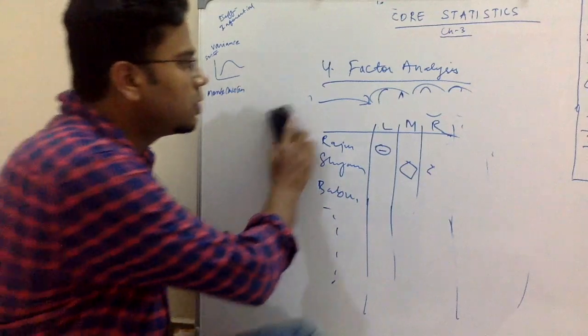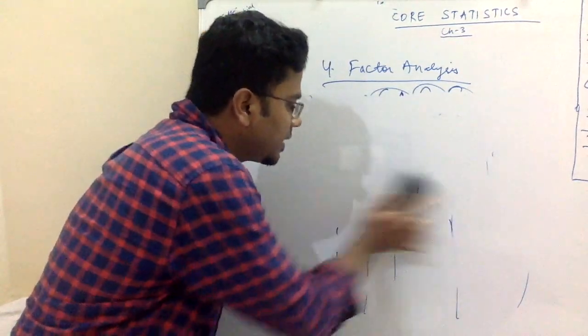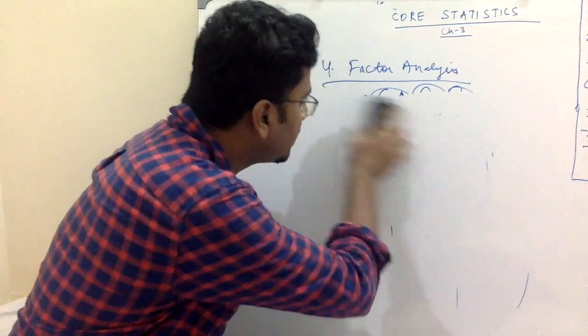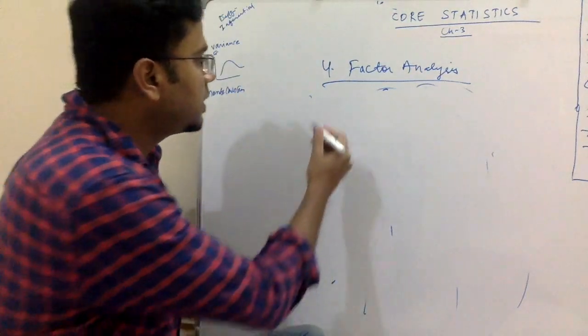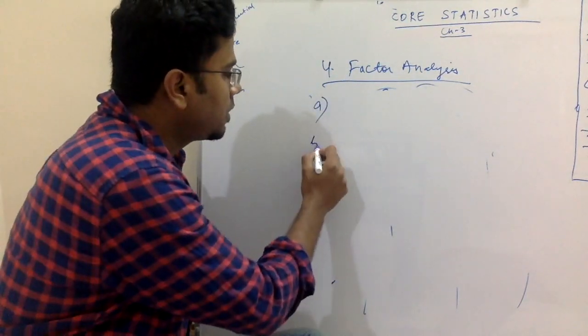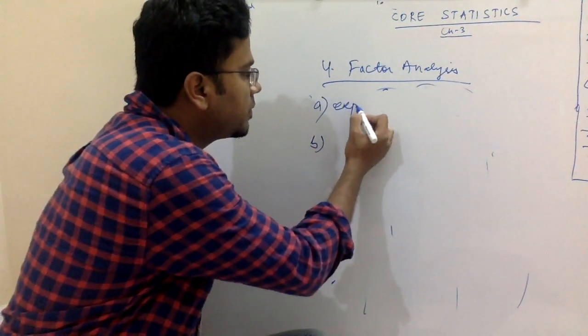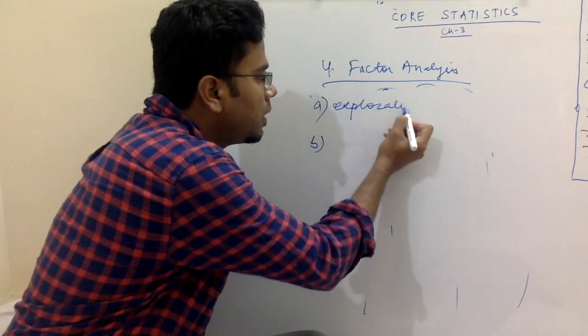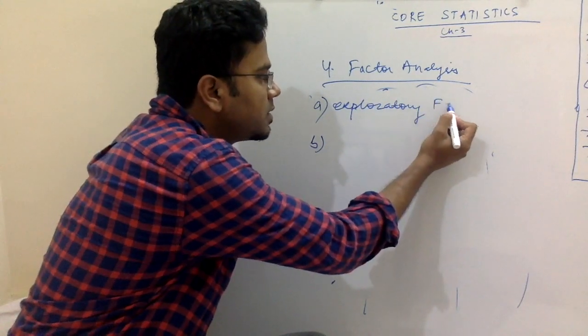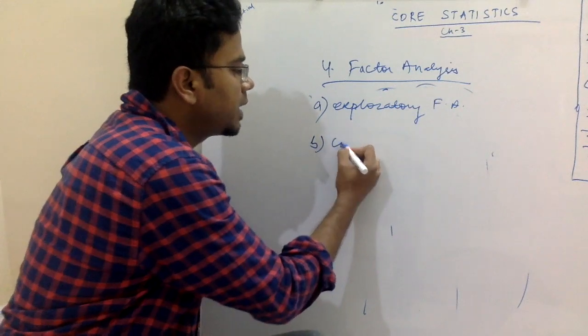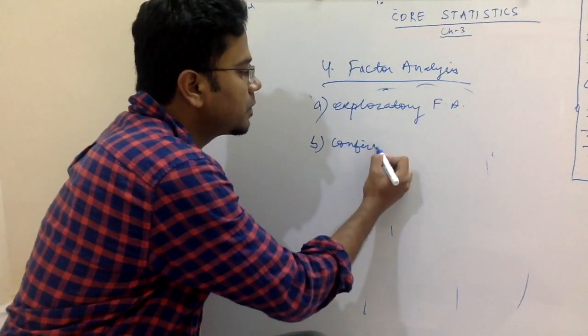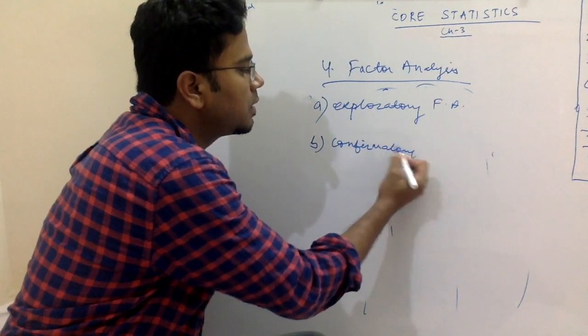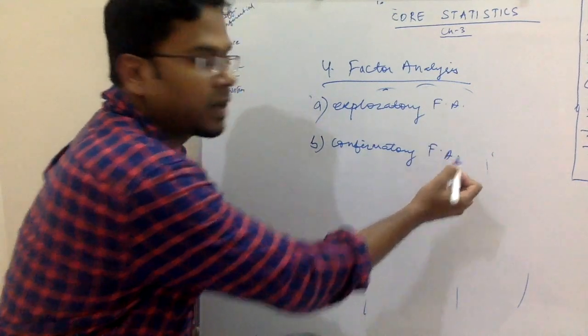Now they can ask you what are different types of factor analysis. So first one is exploratory factor analysis, and the second is confirmatory factor analysis. It is clear by the name, right?